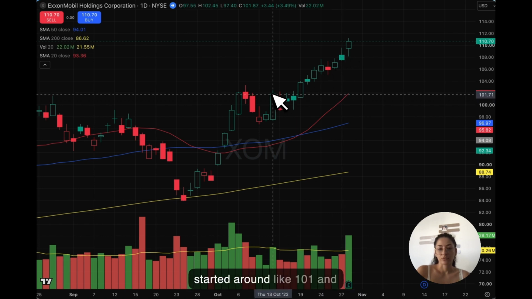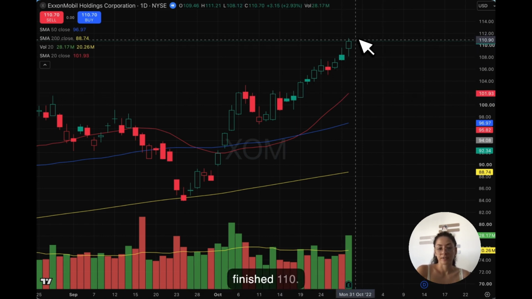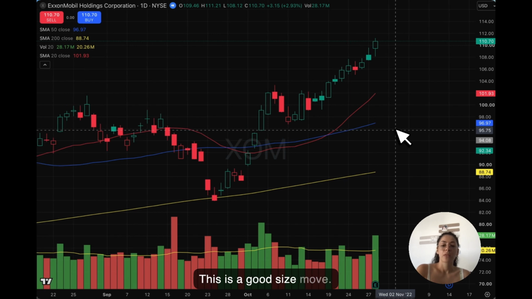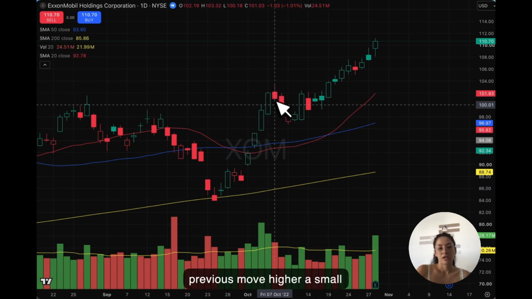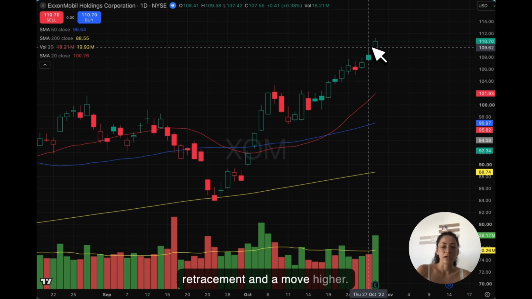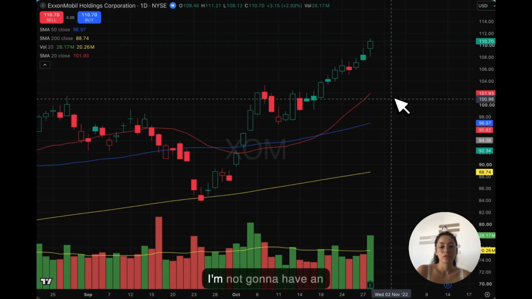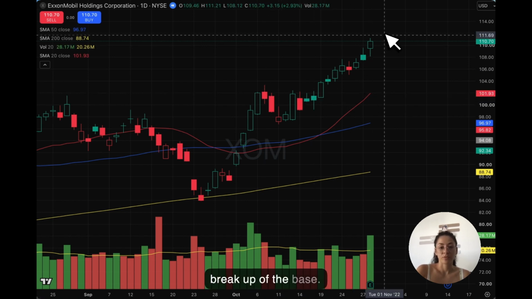We started around 101 and finished at 110. This is a good size move. For bull pullbacks, so for a previous move higher, a small retracement and a move higher, I'm not going to have an aggressive target as I had for the base, compression and then expansion, so the base and the break above the base.